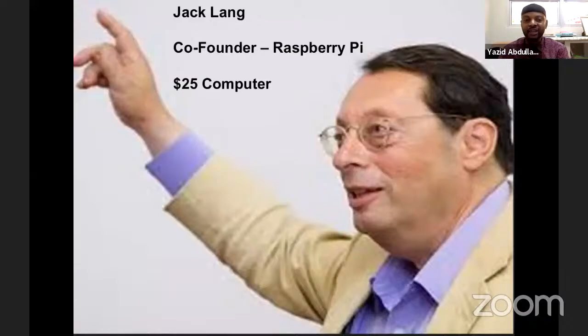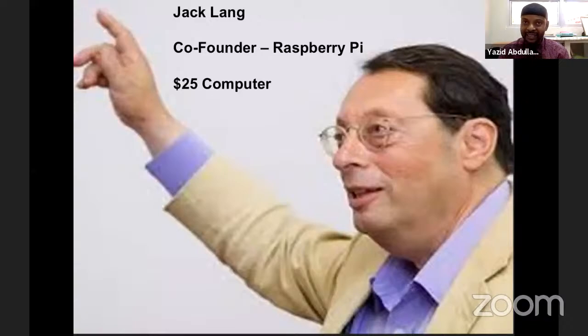So they decided, what if we can create the world's cheapest computer so that it can be used to train kids, not just in the developed economies like the UK and US, but also in the developing countries, to teach kids computer science. So that was the motivation for creating this computer. So 6 of them got together and they created the world's cheapest computer.